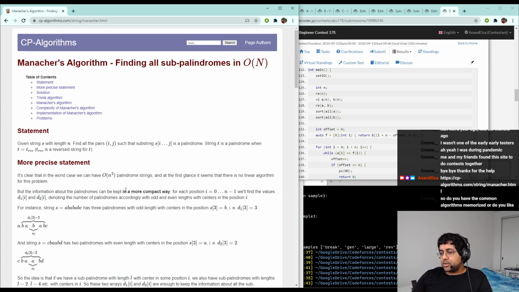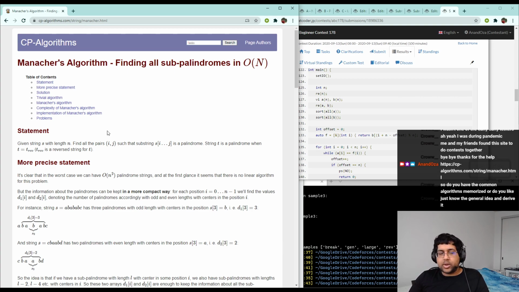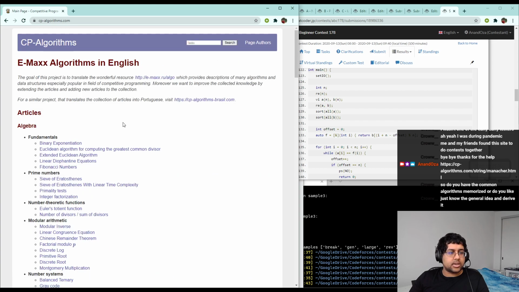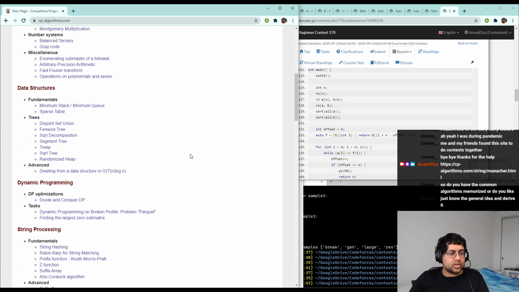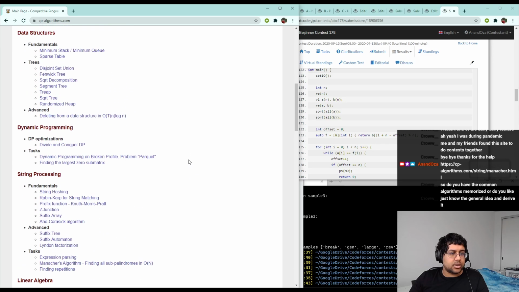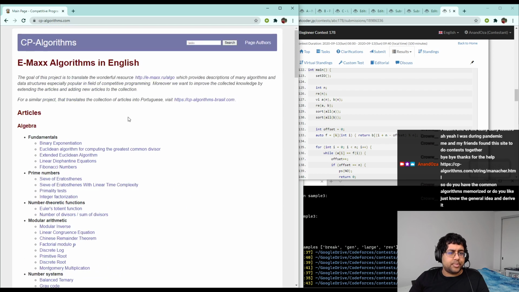Do I have common algorithms memorized? Great question. It is definitely good to be familiar with a lot of classic algorithms, like this website has a bunch. Basically, if you have some standard algorithm, you typically won't see that exact problem on a contest, but it's very good to have the general techniques, or be able to use those as building blocks to a solution.